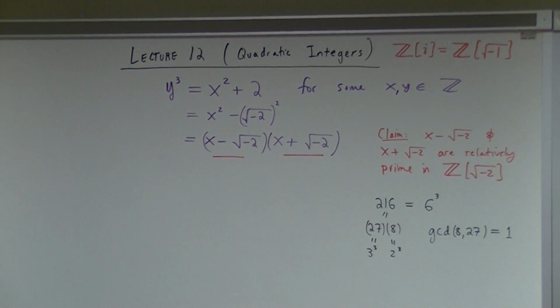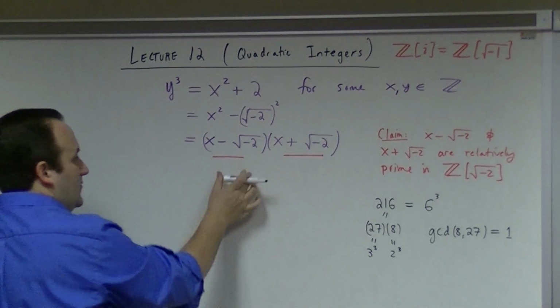If the factors are not relatively prime, then I could have some of the things making the cube in one and some of the things making the cube in the other. There could be a shared divisor of both. But if they're relatively prime, then we should be sure that each one of these is a cube. So what does that mean?